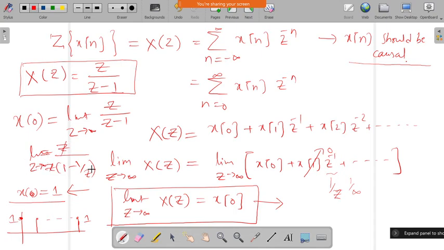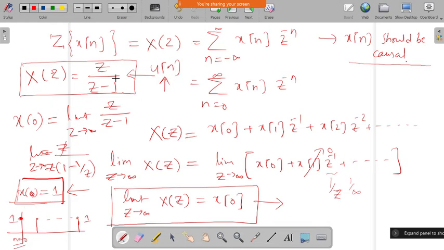If I apply z tends to infinity, this goes to 0 and we are left with the value 1. So the initial value of the time domain signal for this particular z transform is 1, and it is true also, because this is nothing but the z transform of the unit step function. The unit step function's initial value is 1 only, at n equal to 0. So that proves our theorem.